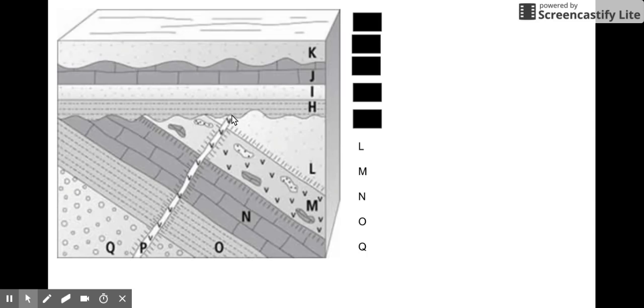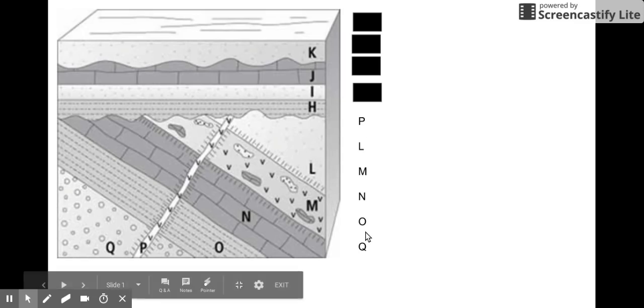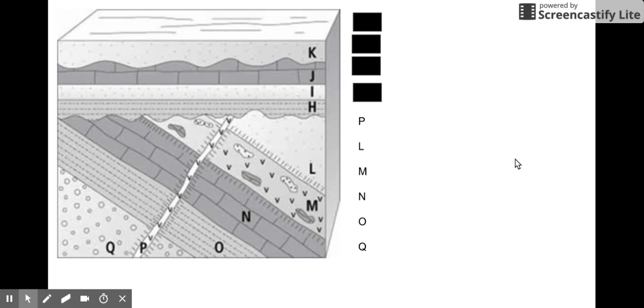And since H is on top of P, P is older. It's younger than all these other ones underneath it, but it's older than H. H is on top of it. So after P, we said H comes next.